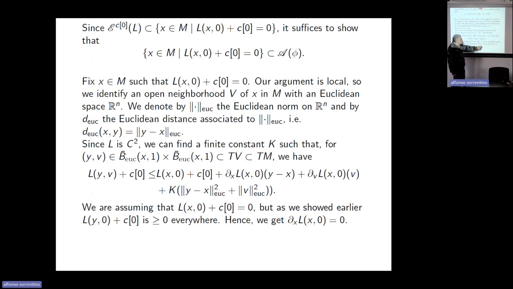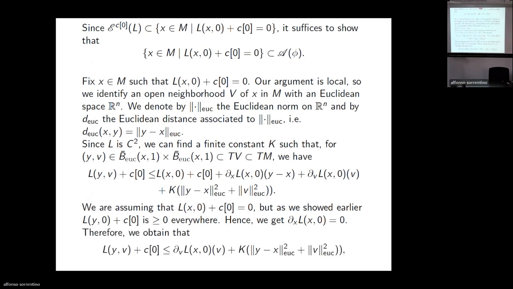So that tells me that the partial derivative with respect to x of L(x,0) is 0. Okay? So I can forget this term here. And also L(x,0) plus C0 is 0. I can forget this one.